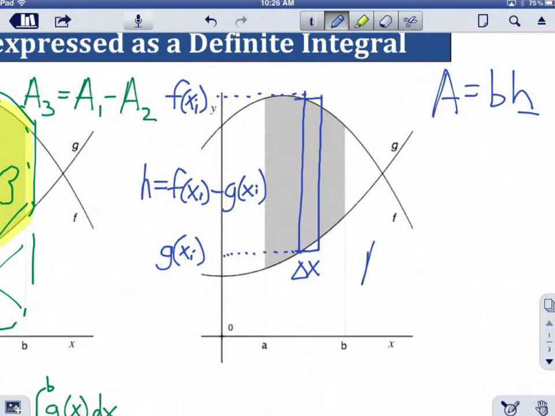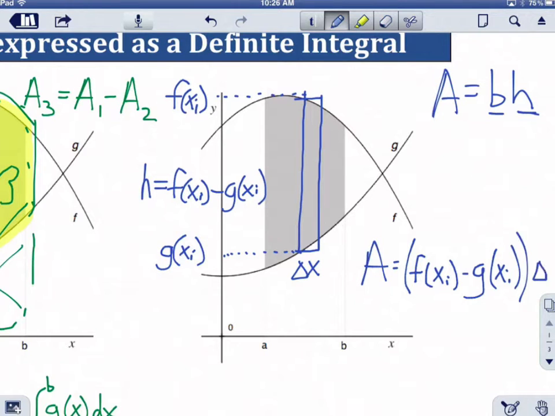So if I were to find this area by plugging in for my base and my height, I would get the height, f of x sub i minus g of x sub i, times delta x. Okay, and we know then that we're going to be taking an infinite amount of rectangles here and letting my delta x go to 0.